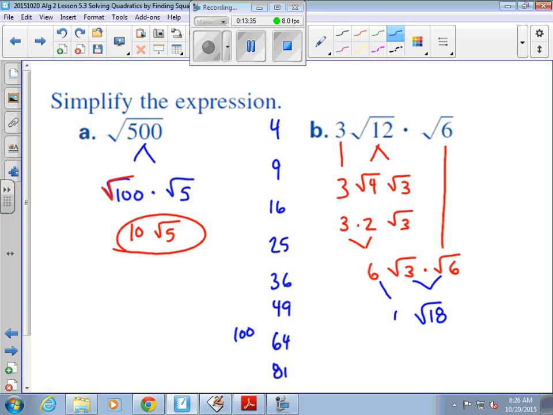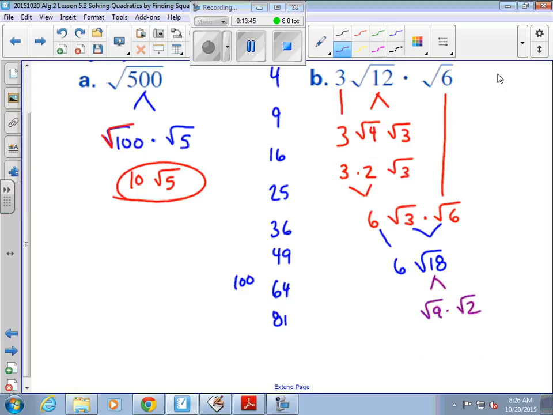So don't forget this one, 6 times the square root of 18. And then the perfect square that's in 18 is 9 times 2. So again, don't forget this, 6 times the square root of 9 is times 3 times the square root of 2. And finally, 6 times 3 is 18 times the square root of 2.